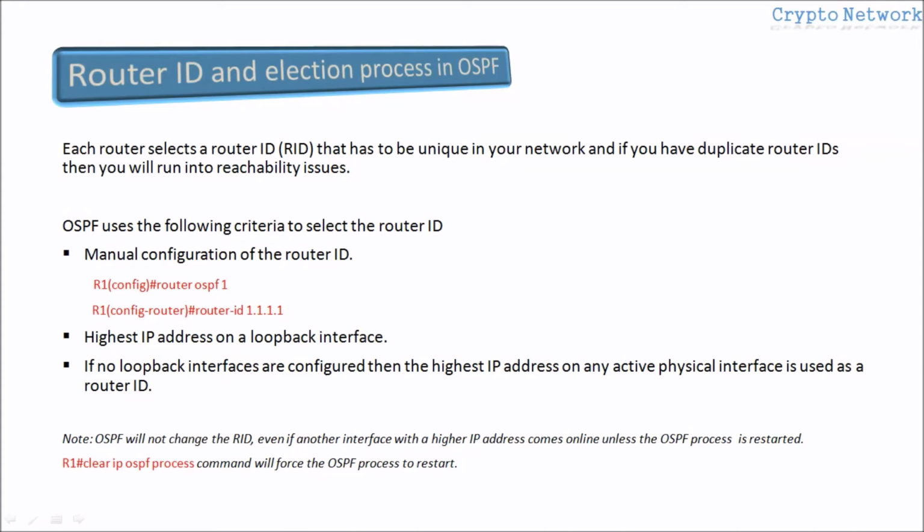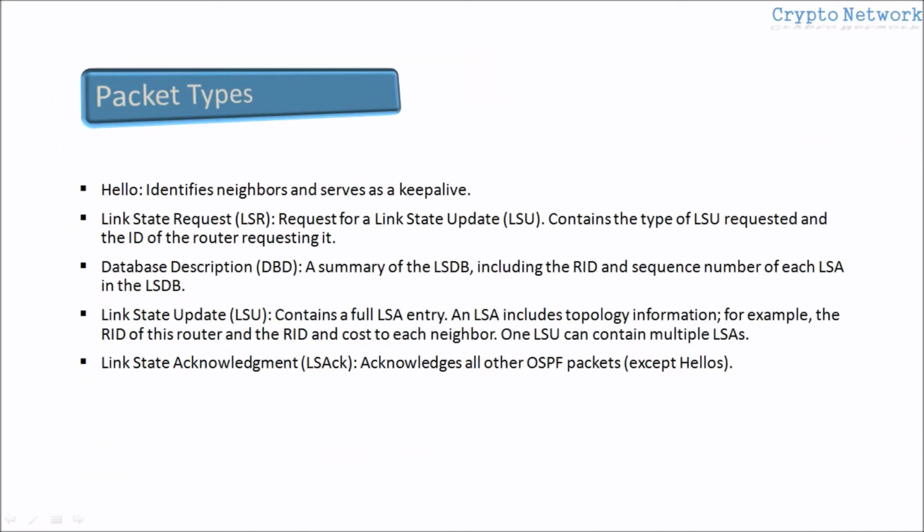So let's continue by looking at the different OSPF packet types. We have the hello packet, a neighbor discovery packet that builds neighbor adjacencies and maintains them. Second is the database descriptor. This packet is used to check if the LSDB between two routers is the same. The DBD is a summary of the link state database.